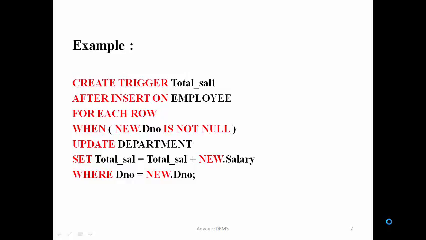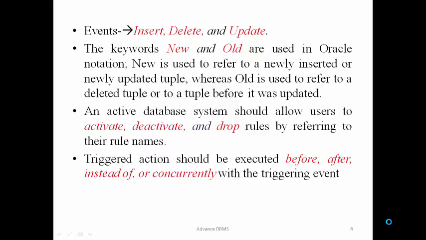So when new.dno is not null, update the department and set the new salary with values, and the condition is in the where clause. Here in the triggers we are using insert, delete and update. The triggers are executed when an insert operation, delete operation or update operation occurs. You can specify any one.